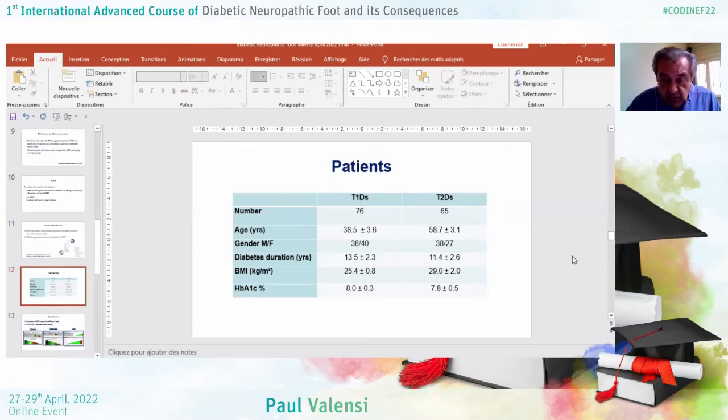At this stage, we included some 76 patients with type 1 diabetes, 65 patients with type 2. Patients with type 2 were older, as expected. Diabetes duration was roughly similar in the two groups. BMI, as expected, was higher in patients with type 2 diabetes, and mean A1C was around 8% in the two groups.